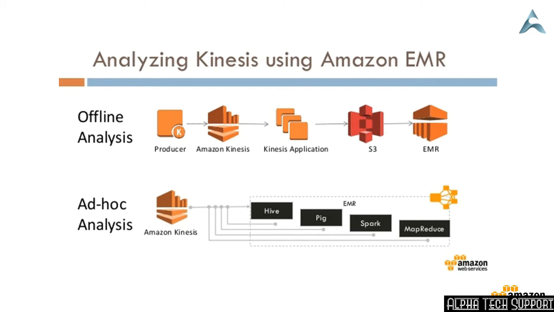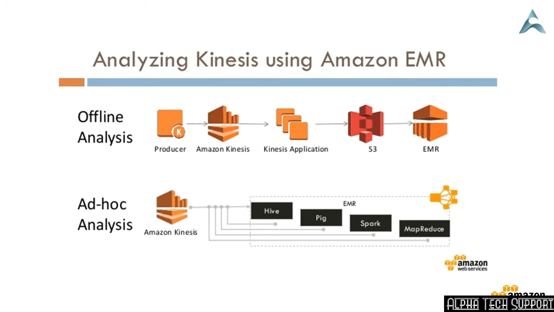When we want to build an ad hoc or temporary analysis, we can do so by directly processing via Amazon Kinesis on each service on EMR: Hive, Pig, Spark, or MapReduce. We can analyze each one of them.